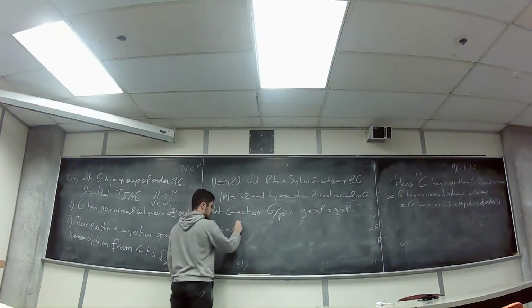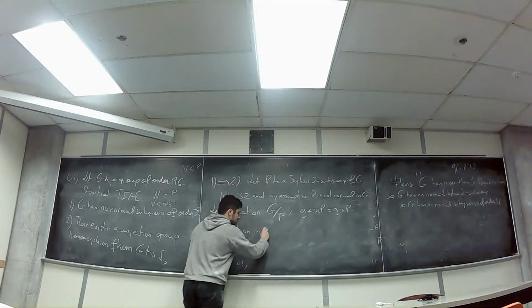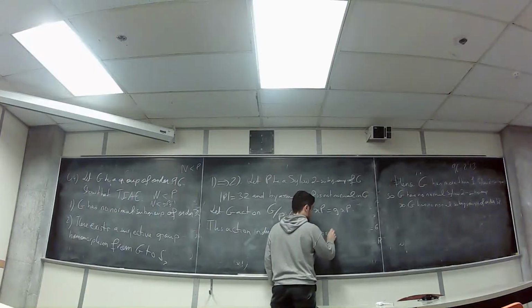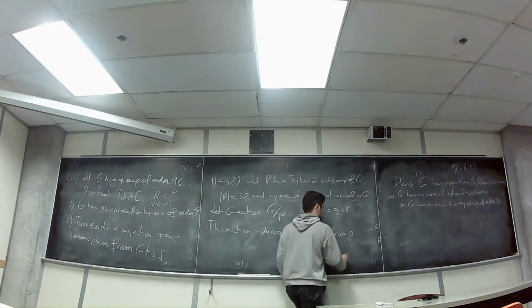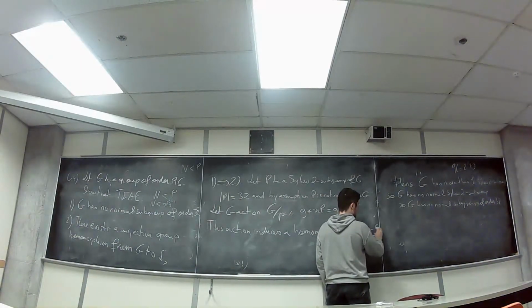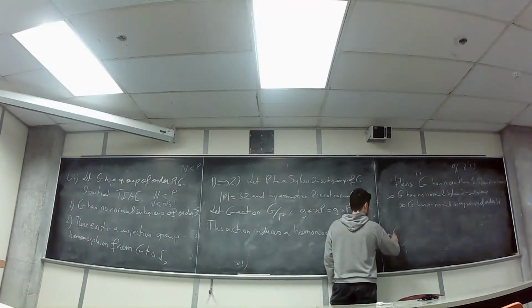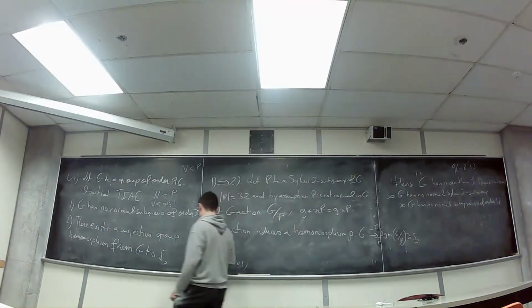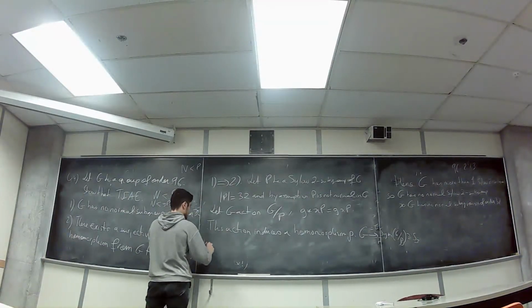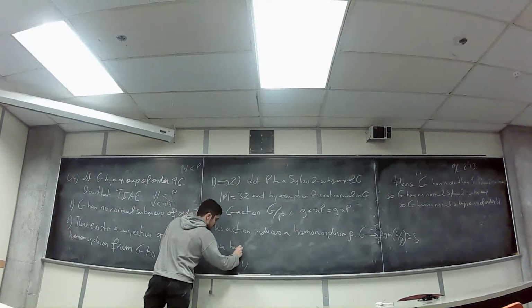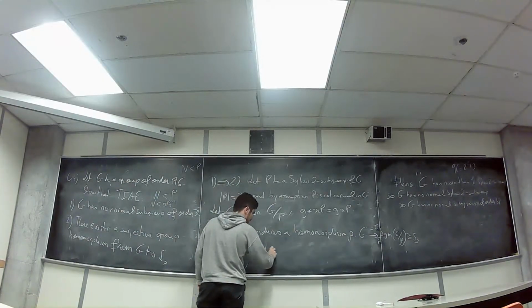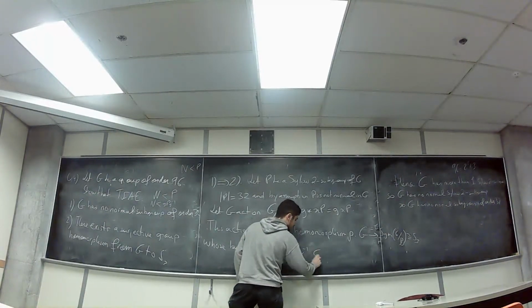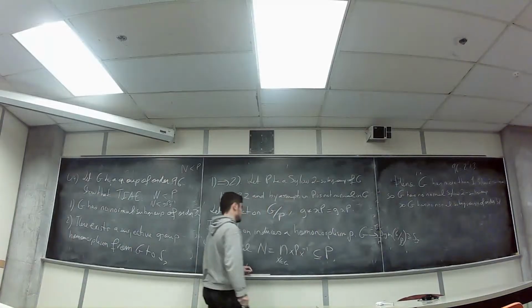This action induces a homomorphism rho from G to Sym(G mod P), which is isomorphic to S3, whose kernel is N, the intersection of the xPx inverse, each contained in P, right?